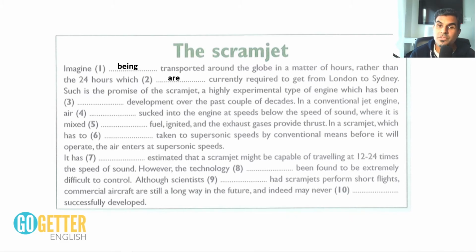Such is the promise of the scramjet, a highly experimental type of engine which has been blank development over the past couple of decades. Now, over here, there's kind of a trick, because we are not talking about a passive structure here. We cannot make that passive structure here because we have no past participle to complement it with. All right?